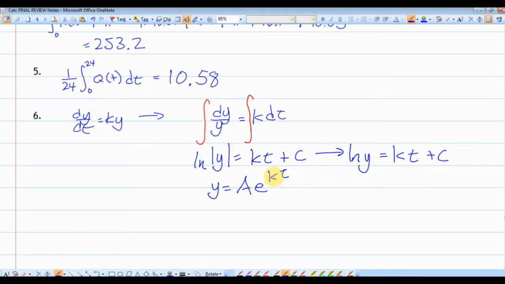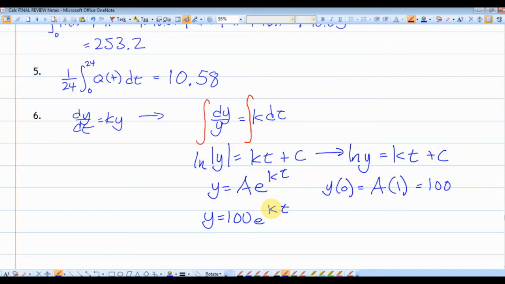e to the kt, I'm sorry. And next we have an initial condition, y(0) equals 100. So if y(0) equals 100, that means a times 1 is equal to 100. Clearly a is equal to 100. y equals 100 e to the kt.